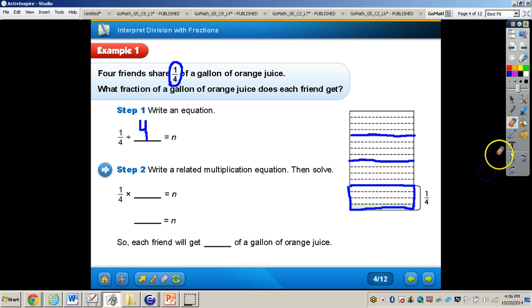You can see 1/4 times 1/4. Okay, so 1/4 times 1/4 is going to equal n there. Okay, and then 1/4 times 1/4, you can see, is going to give me 1/16 here. So each friend will get 1/16 of a gallon of orange juice.